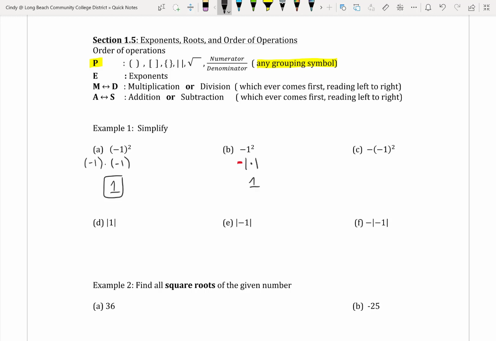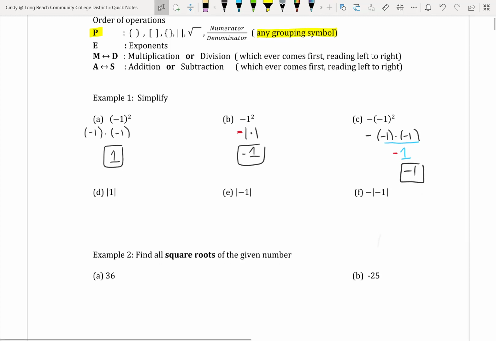So I have 1 and a negative hanging out on the outside. And of course here I have a negative times -1 times my -1. So I know that these two give me a +1, but I still have a negative hanging out on the outside. So I know that my final answer is actually going to be -1.